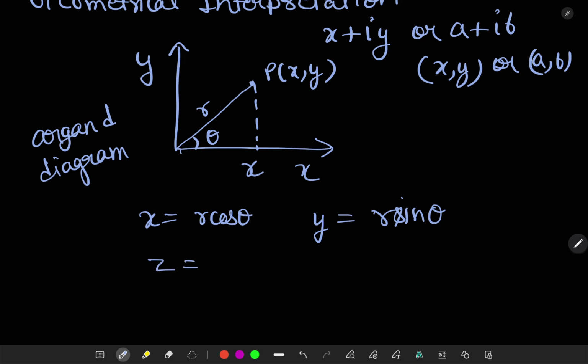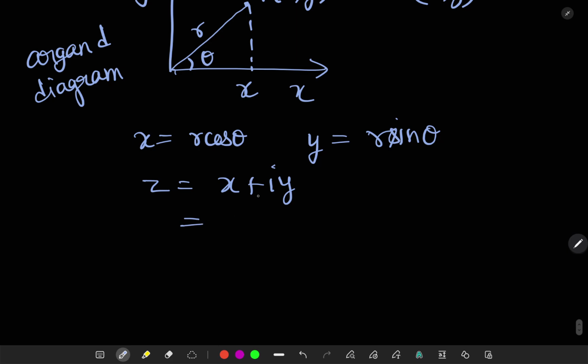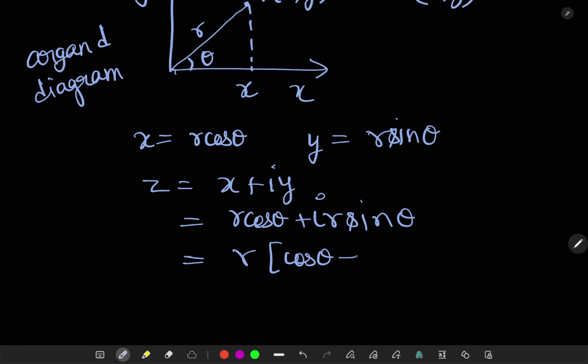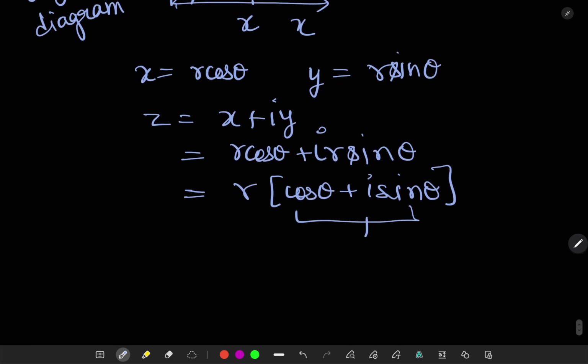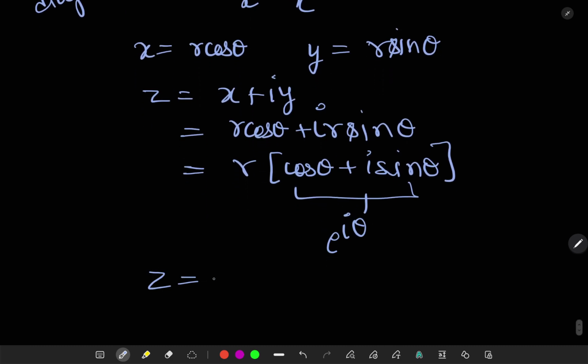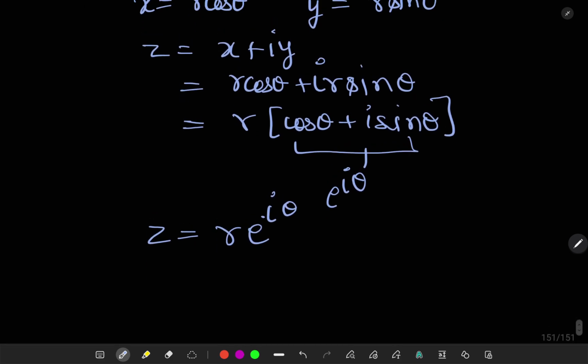So z equals x plus iota y. Now putting this value, here this is e raised to power iota theta. So we can write z equals r e raised to power iota theta.